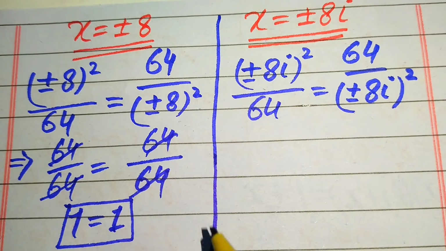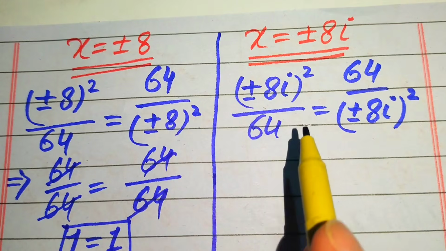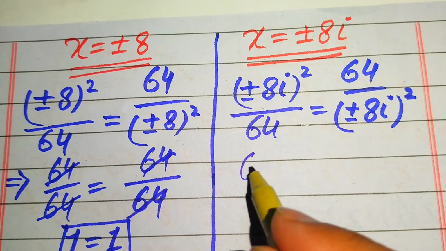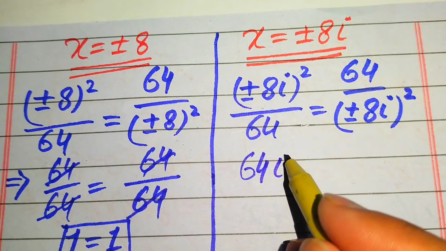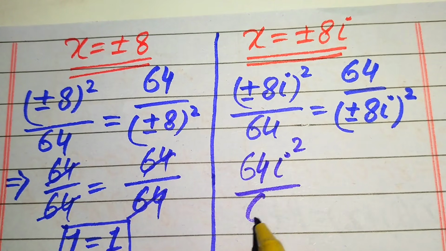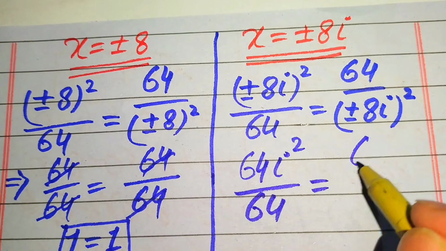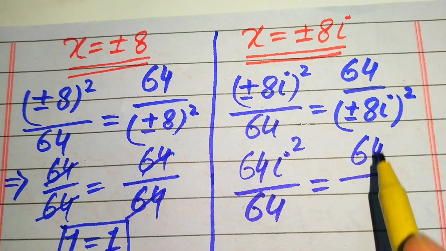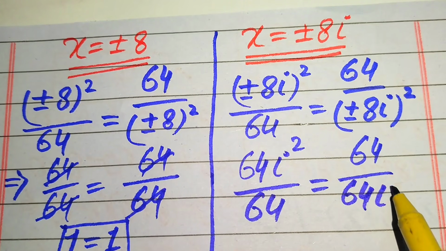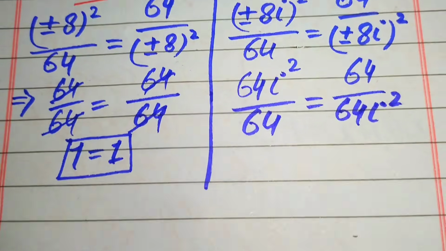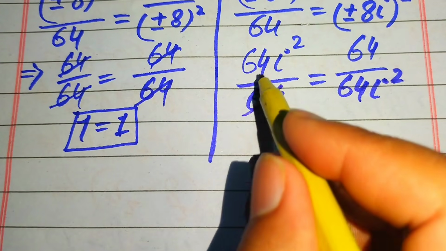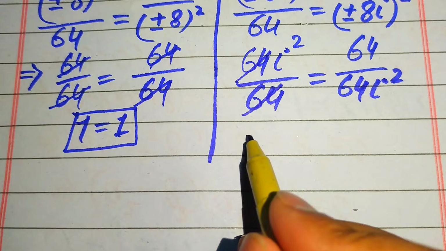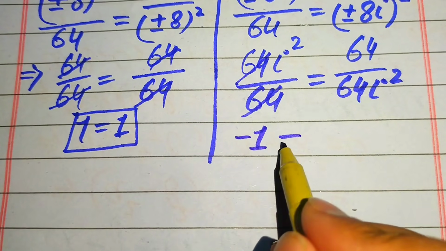This shows that x equals plus minus 8 satisfies our given question statement. Now in the same pattern we verify these roots, and here you again see that the square of plus minus 8 becomes 64 and the square of i becomes i squared, divided by 64, equals 64 divided by, again the square of plus minus 8 becomes 64 and i squared becomes i squared. So these 64s are gone, and here we get i squared only, and we know that i squared equals minus 1.